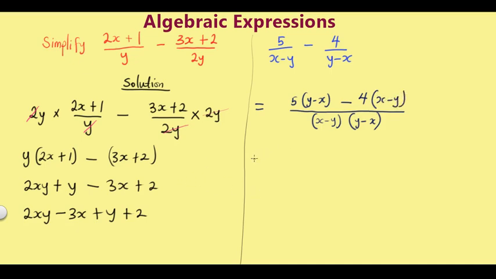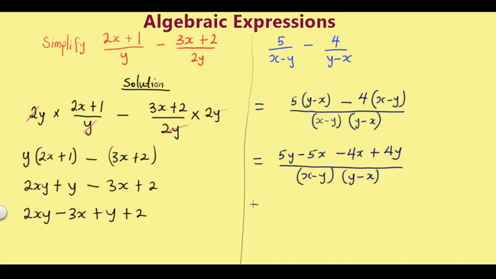Then we open the bracket at the top. We have 5y minus 5x. Use this negative 4 to open this bracket. That will be negative 4x plus 4y. Everything over x minus y, y minus x.